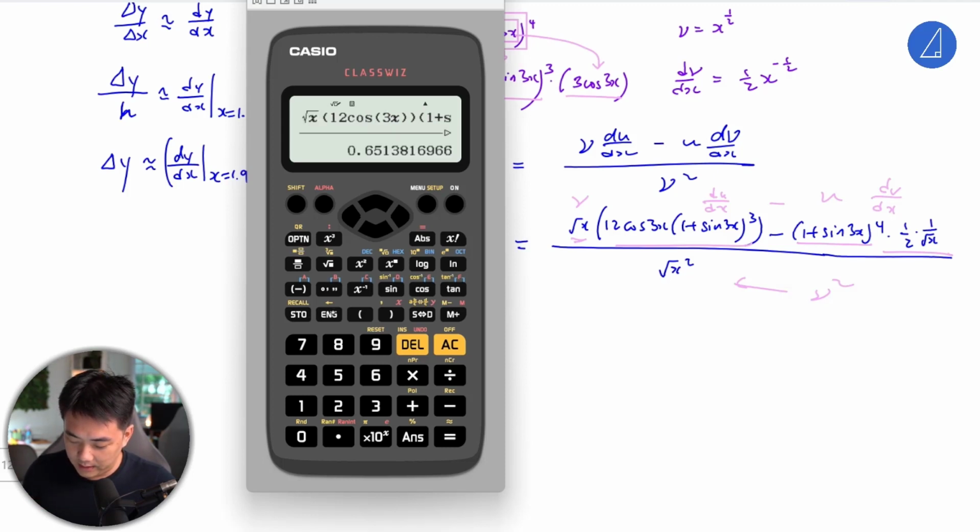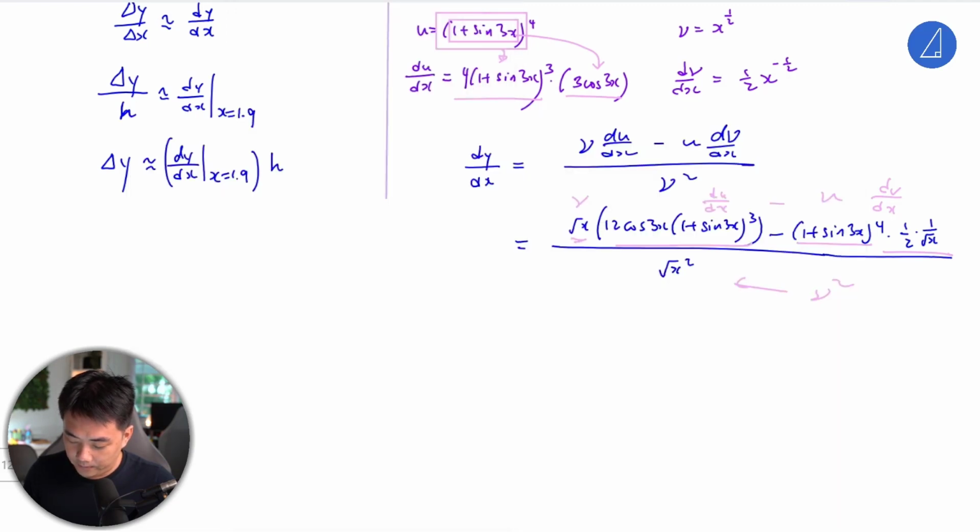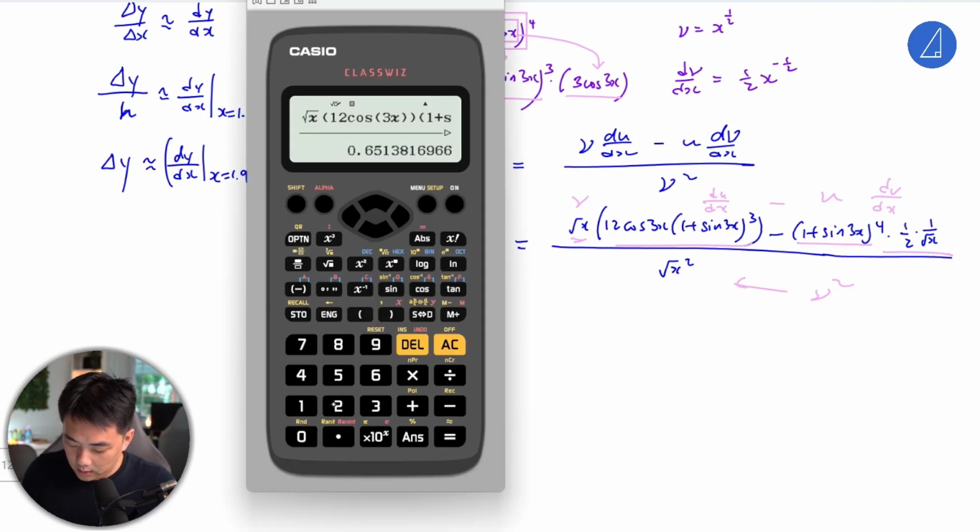Now what you need to understand is that we need to store a value. x is 1.9, right? You need to store it in. So use the storage STO, store into x, and press x here. You store 1.9 into x, then scroll up and key in, and you get this value here.